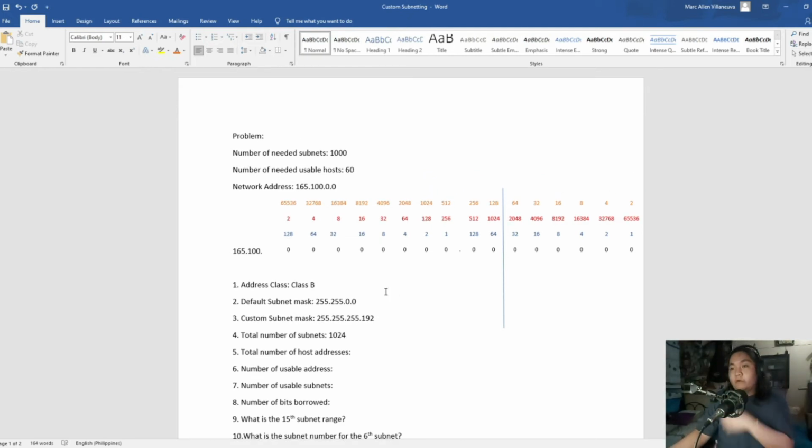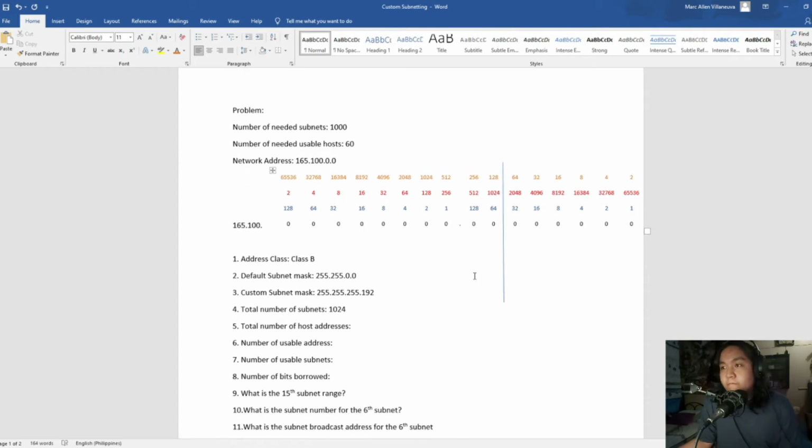And the total number of host addresses will be 64, since in the given, the number of needed usable hosts is 60. Since we don't have 60, 64 is the nearest number, right here.